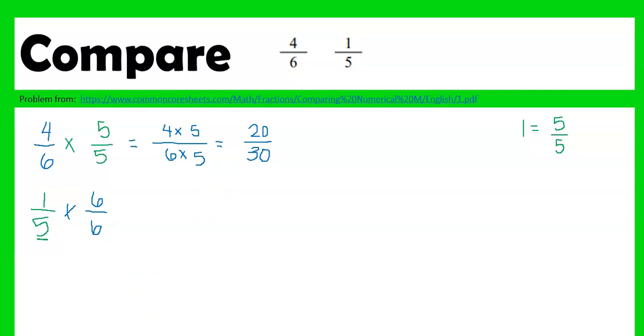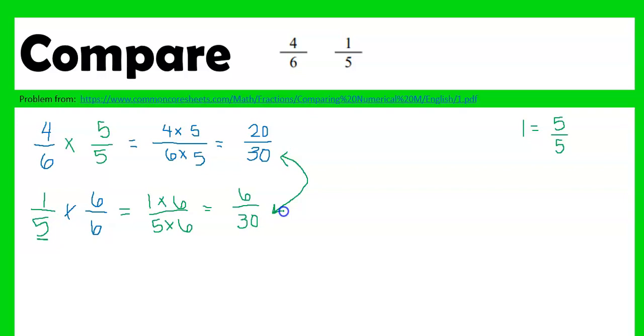Okay, now I'm going to go to my bottom number and I'm going to multiply in the same way. So this time I'm going to multiply 1 times 6 over 5 times 6, and my answer becomes 6 over 30. So you can see here that we ended up with the same denominator of 30.